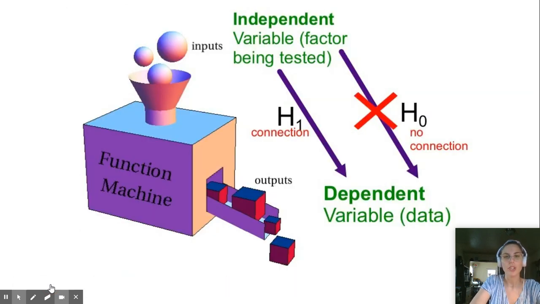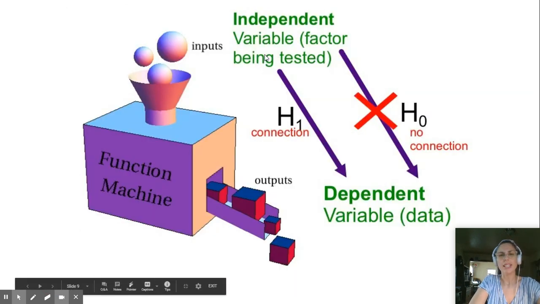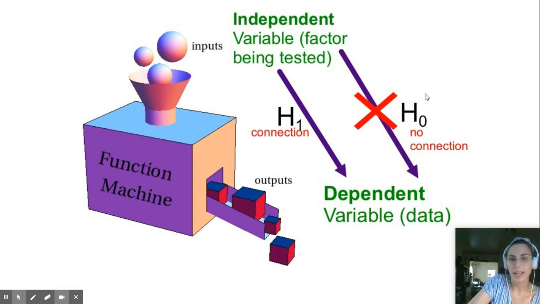Okay, here we go. So here is another visual representation for you, okay? In the case of a research hypothesis, we are saying that the independent variable, the input, my amount of exercise, will have an effect.